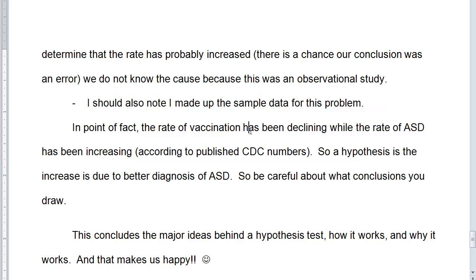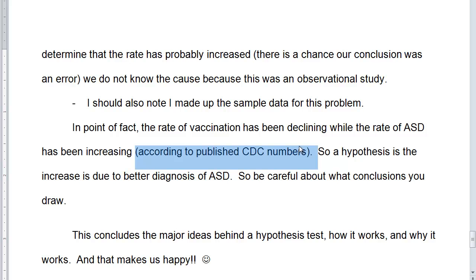I should also note that I totally made up the sample data for this problem. I did not do a huge study of 10,000 students and find that 300 of them have ASD. So in point of fact, the rate of vaccination has been declining while the rate of ASD has been increasing, and you can check that out because that's published by the CDC.